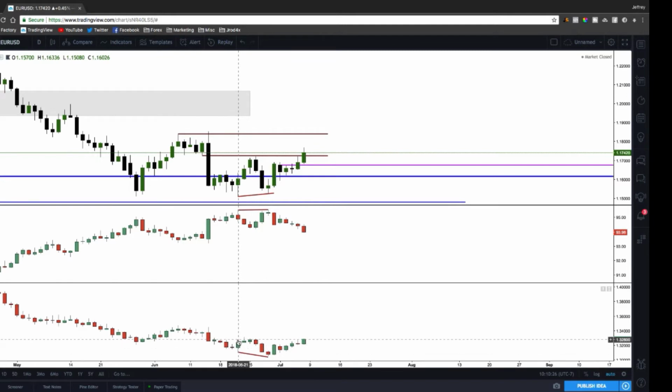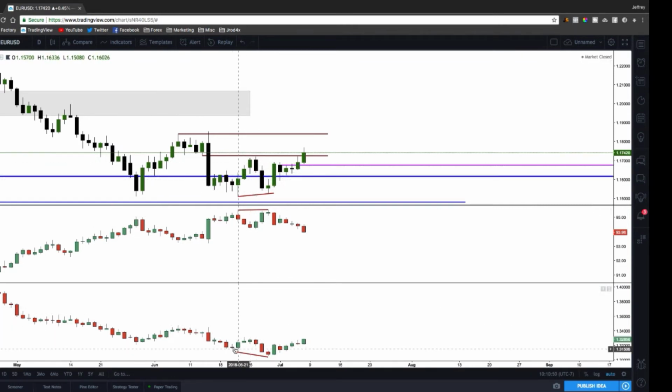So if you guys don't know what divergence is, you're just looking at the correlated pairs, putting them together and trying to see a break in correlation between one of the pairs. In this case specifically, we have cable at the bottom, dollar index in the middle, and euro dollar at the top.